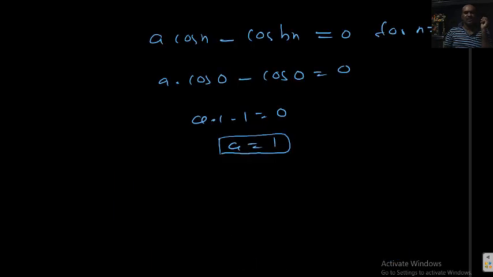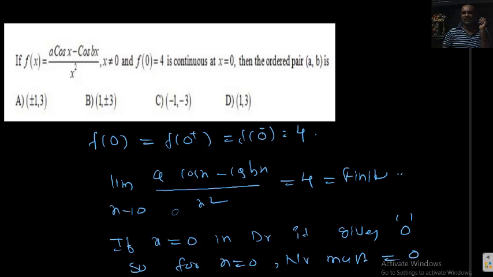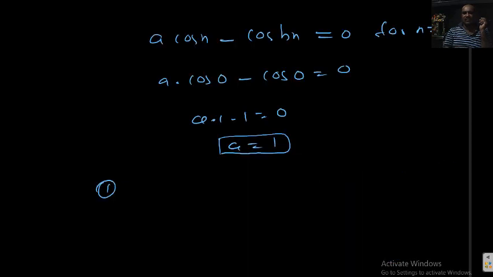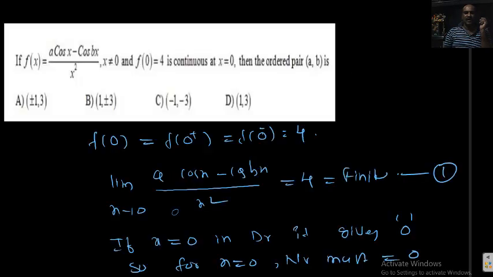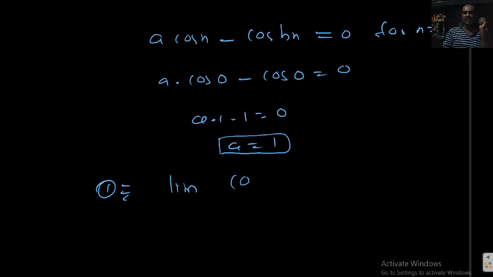So what is f of x now? I want to write f of x, or not f of x, I will directly find the limiting value. This is result number 1. From 1 I can say the limiting value of (a cos x minus cos bx) by x square, a means 1, x tending to 0, is equal to 4.